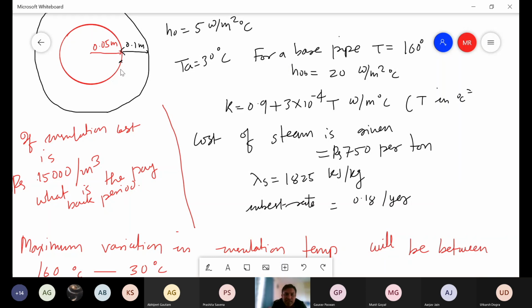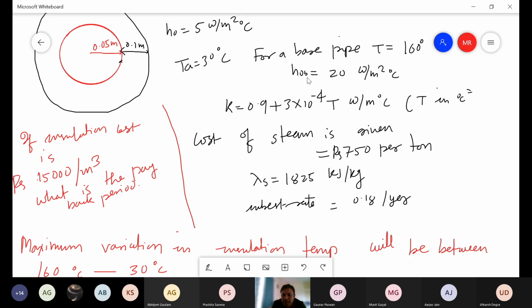Remember, why is the overall heat transfer coefficient required when I am having the insulated pipe? Though the inside resistance we have neglected, there will be a resistance in the insulation and a resistance outside the insulation. But when we are not having this insulation, only the outside heat transfer coefficient H naught B will be there.